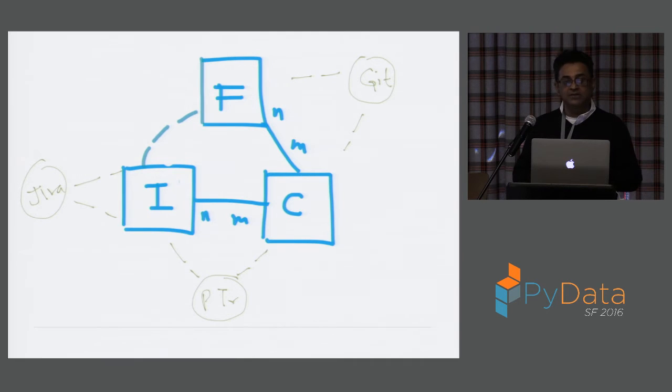And that dotted line there is that I can't find that unless I do something with the data stores that I have. And so as you can see, each of these different things, Git, Jira, Pivotal Tracker, they're like the blind man and the elephant. And they're looking at different attributes of the same bigger entity, and they are not getting the big picture.